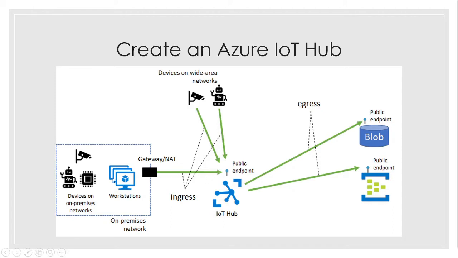As you can see, these input arrows, all the ingress, are connecting to a public endpoint and sending the messages into the IoT hub. And even the output is a public endpoint which is accessible to other services, and we are ingesting the message and sending it to either blob storage or any other services.